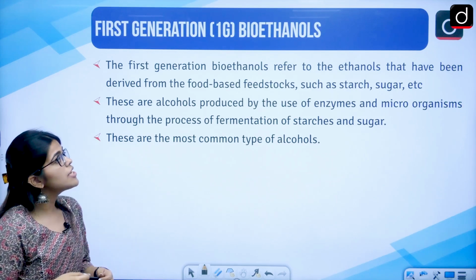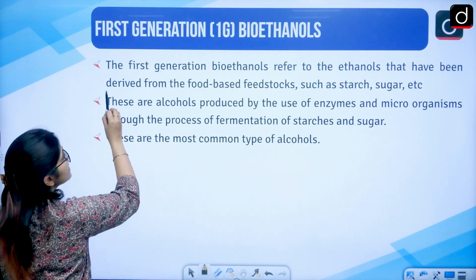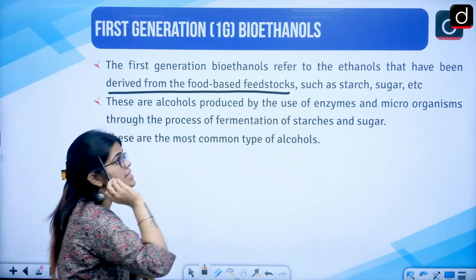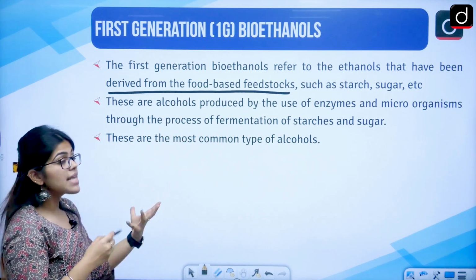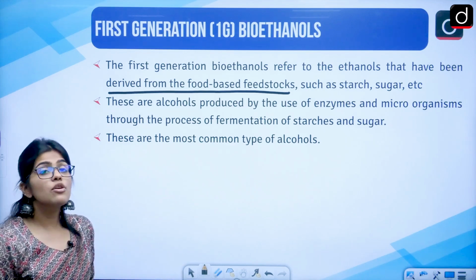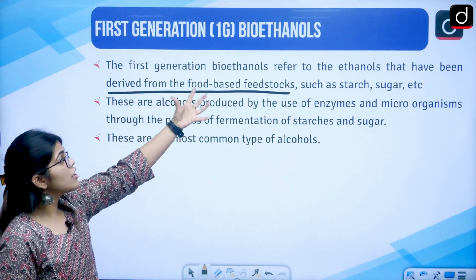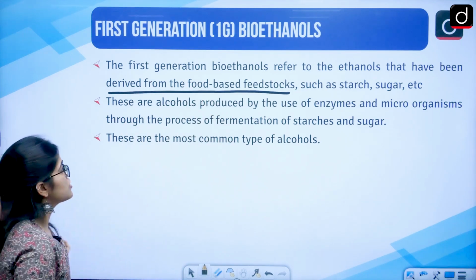First generation bioethanol refers to ethanol that has been derived from food-based feedstocks. This can be starch, sugarcane, or corn, etc. When these food stocks are used to make ethanol, it is called first generation ethanol.